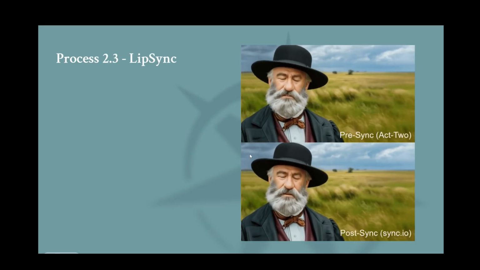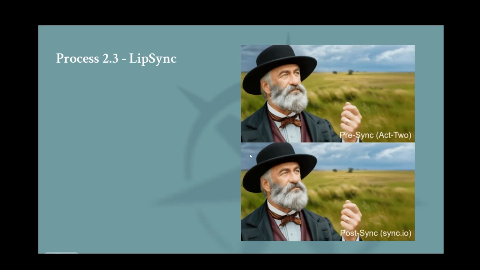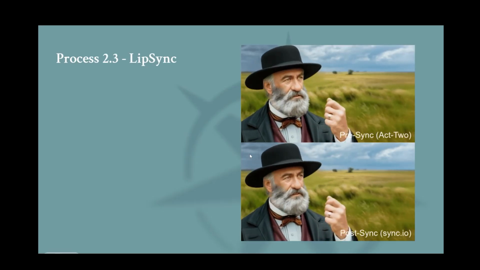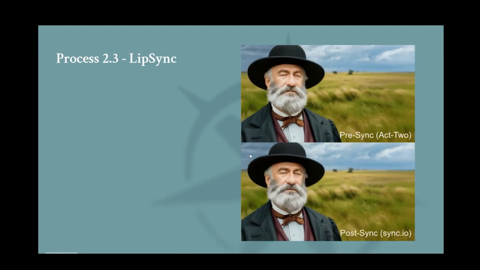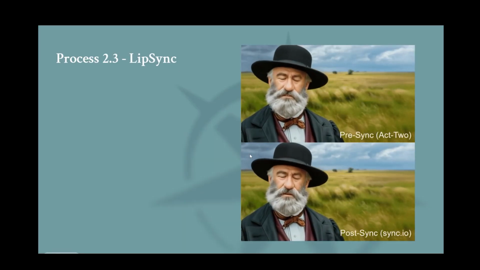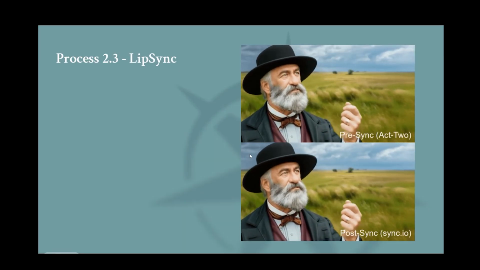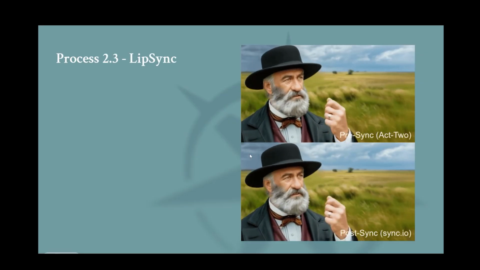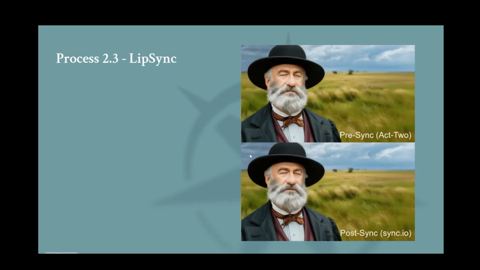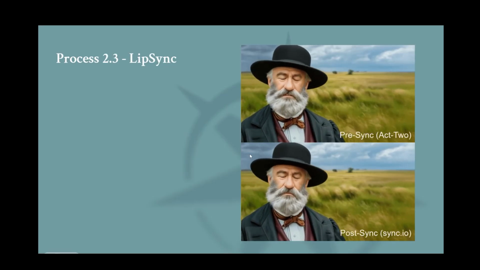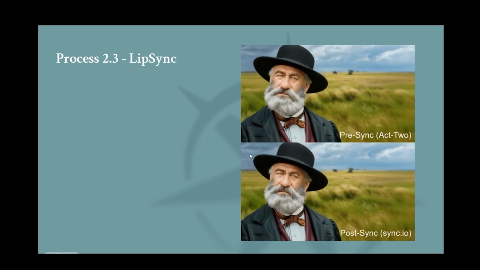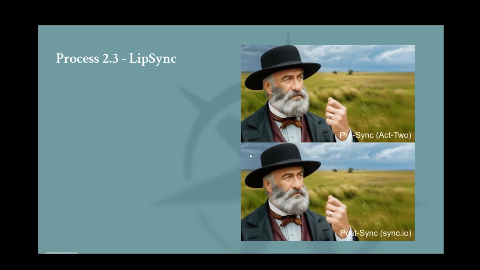Next step after that, of course, is to have a lip sync, right? So the Act 2 performance does not have any lip sync. I tried, and very poor results for that. So instead we used just the performance and then used a different tool to add the lip sync.